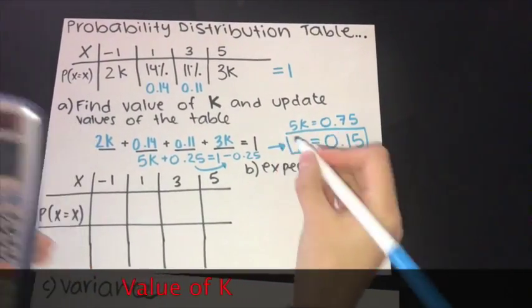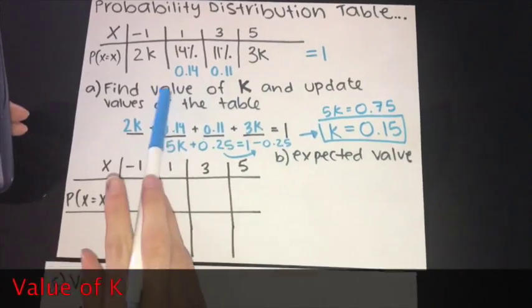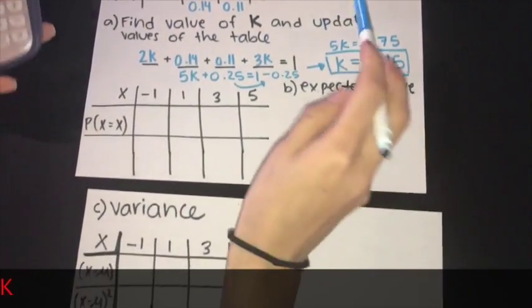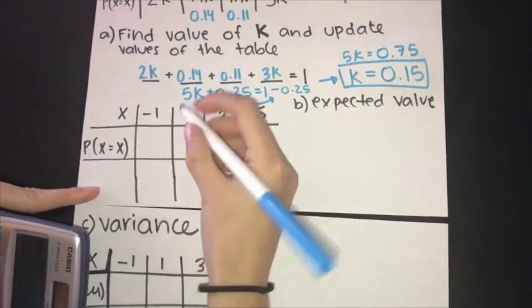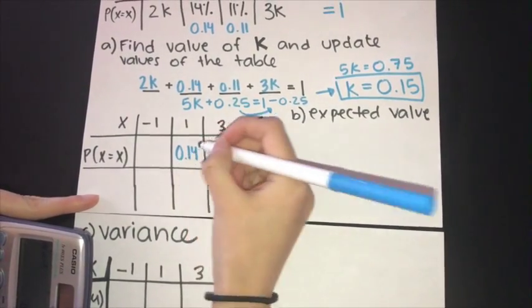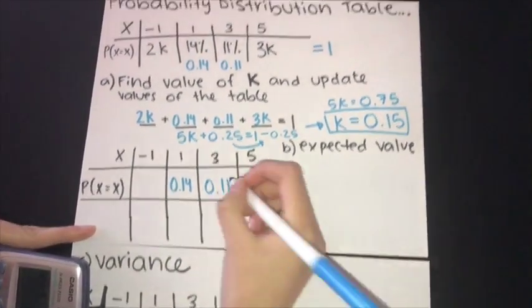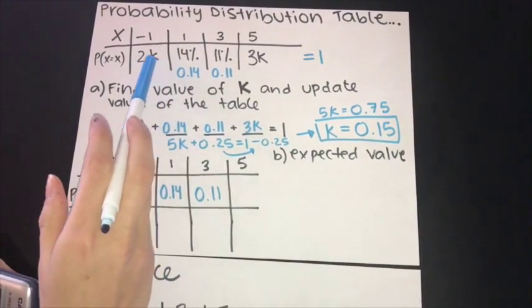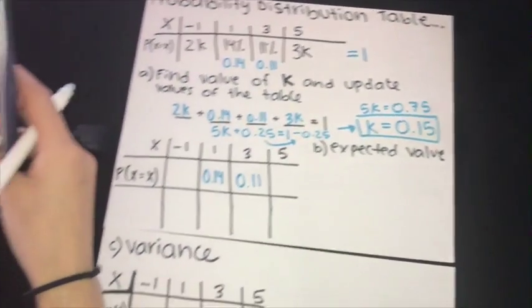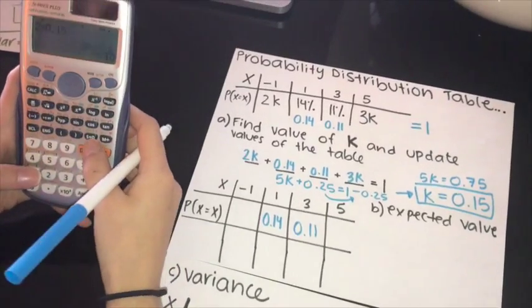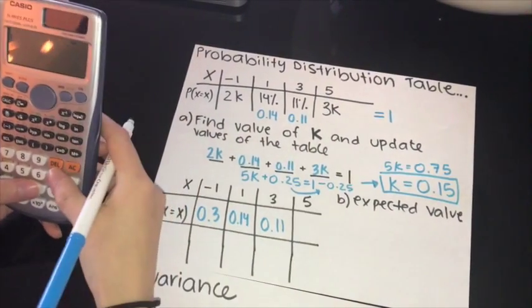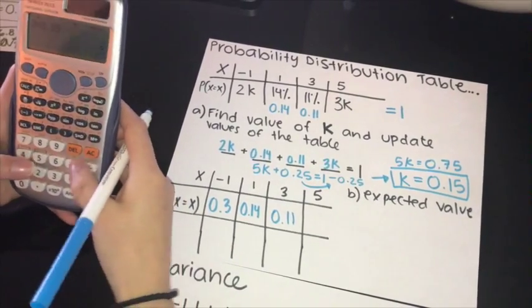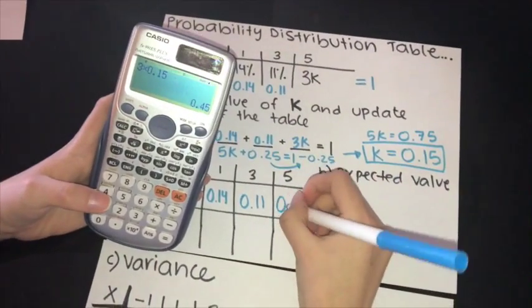That's our first answer. We've just found the value of k. Then we need to update the values on the table. We already know that for 1 it's 0.14, for 3 it's 0.11, and now we need to substitute the k with this decimal. So we'll say 2 times 0.15, which is equal to 0.3, and then 3 times 0.15, which is equal to 0.45.